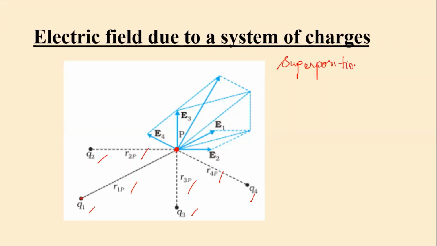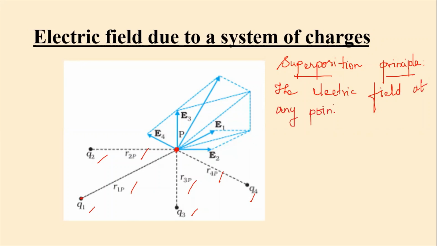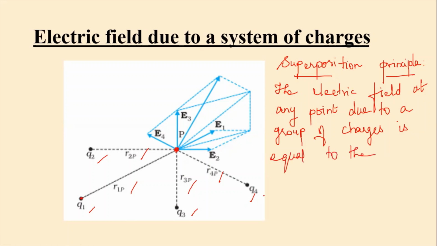Superposition. So the electric field at any point due to a group of charges is equal to the vector sum.